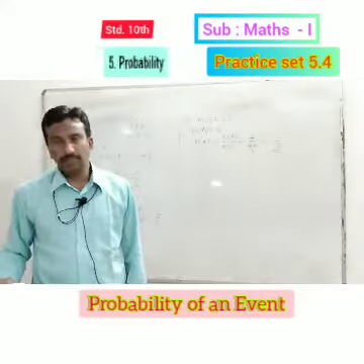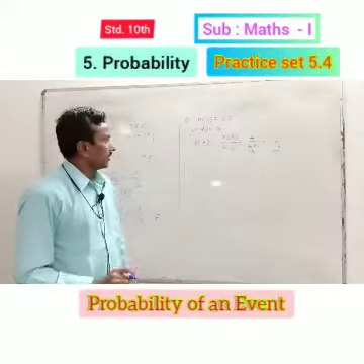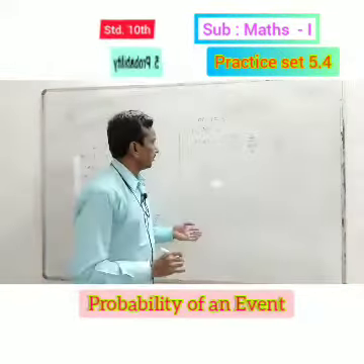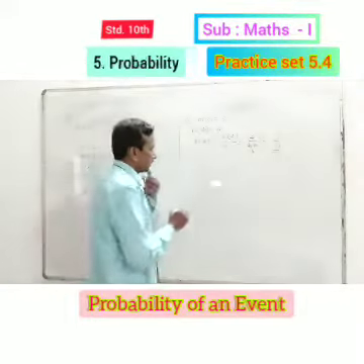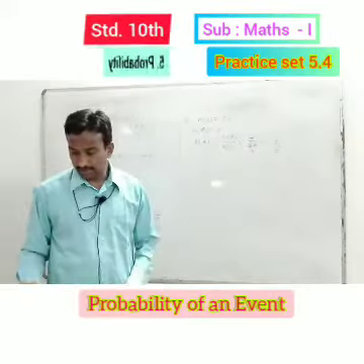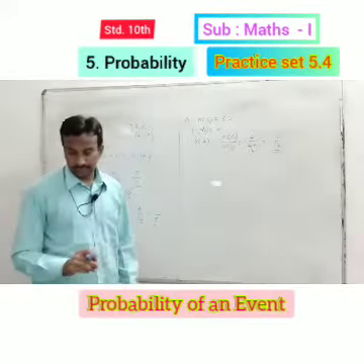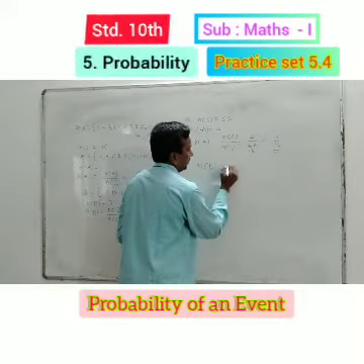Now, let B be the event that the card drawn is a spade. There are 13 cards of each suit, which means spade, club, diamond and heart. These are the 4 suits in playing cards and 13 cards are spades. Therefore, the number of B is equal to 13.